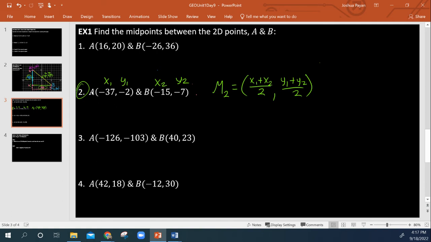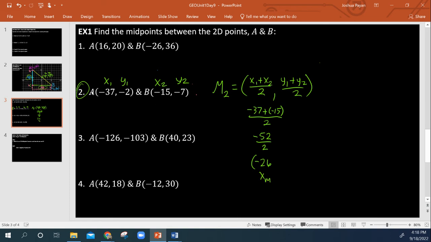So we're just going to plug in numbers where they go. Negative 37 plus negative 15, all of that over 2. Negative 37 plus negative 15, what would that be? Negative 52 over 2, which of course is negative 26. So that's my x midpoint.